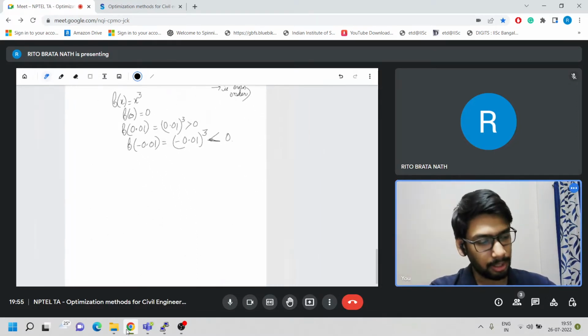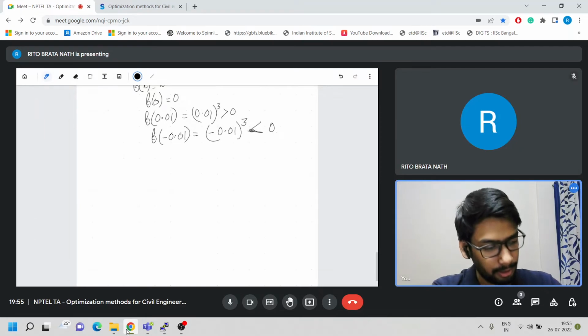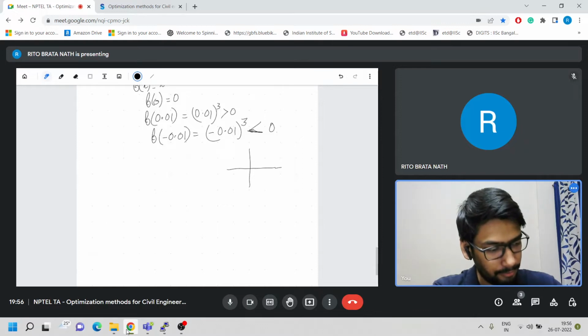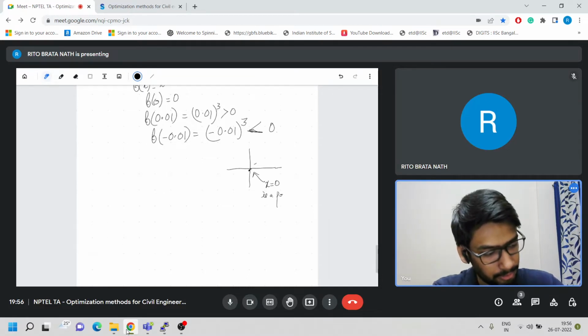So you have a positive increment on one side and a negative increment on the other. So x equals to 0 is a point of inflection.